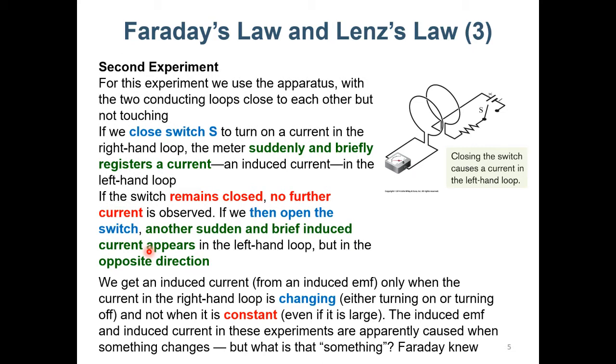In signals and systems, you know this is called the delta function. So you turn on the switch, then there will be some current. And as the switch stays closed, there is current in this loop, but there will be no current here.